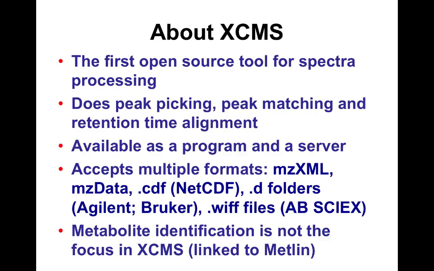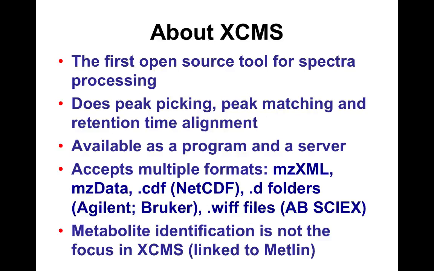We're going to focus on XCMS and specifically XCMS Online, partly because it's free. It's also one of the original ones for spectral processing. It does the deconvolution, similar to AMDIS, similar to Basel, similar to GC AutoFit. It does peak picking, peak matching, but also does an extra thing, which is retention time alignment.